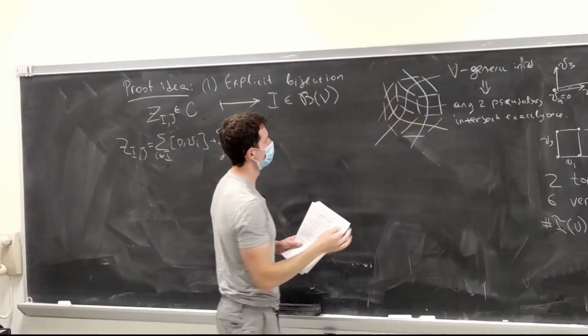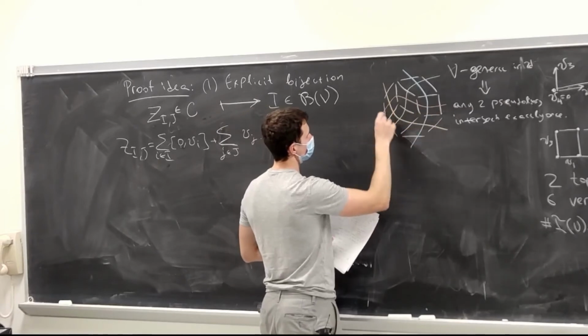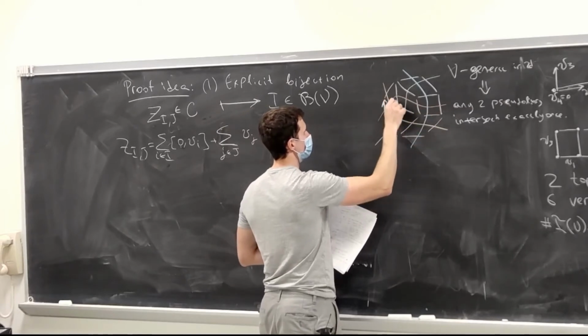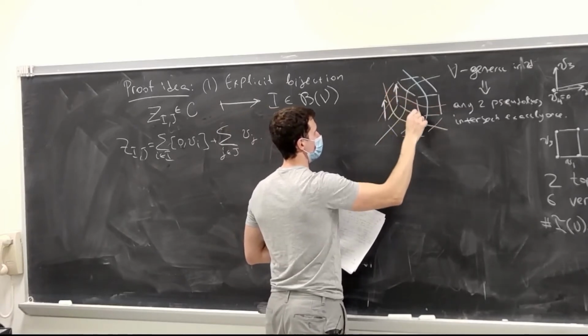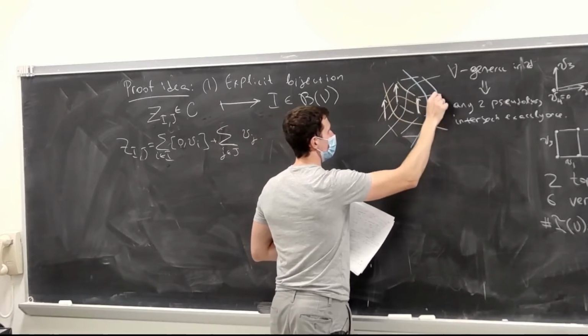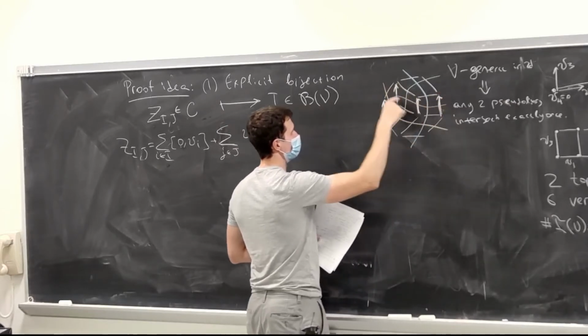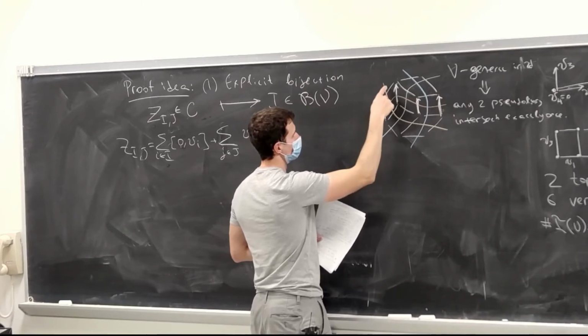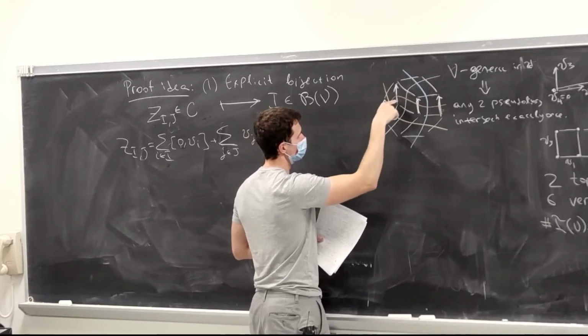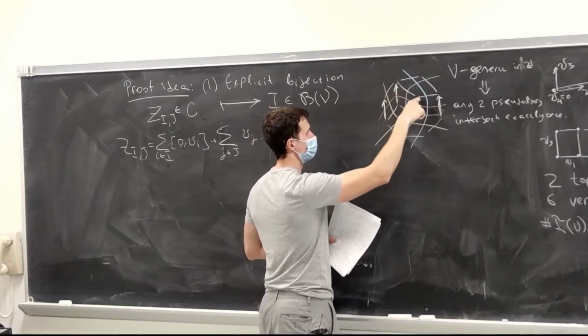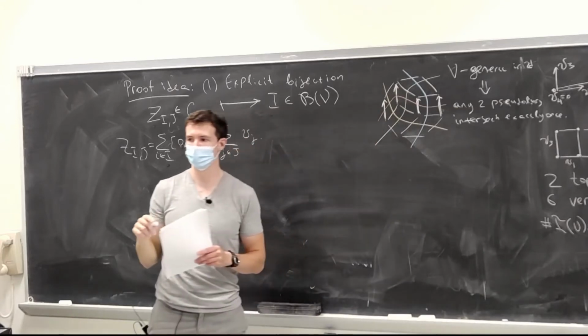So in particular, each pseudo line, the right pseudo line, connects all these vertical vectors together. And so this vertical vector appears in the tile with each other vector in your vector configuration.